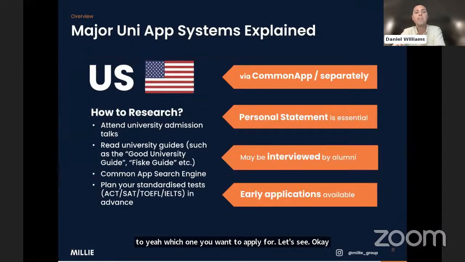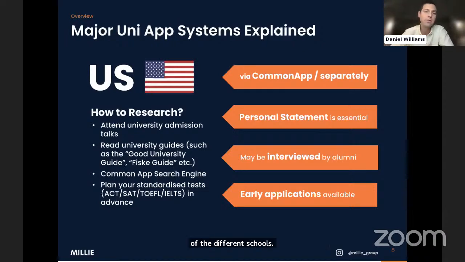Now let's talk about the most complicated university application system. This would be the US application. So like the UK, there is a central portal known as the Common App, which you would use to apply to all of the different schools, with the exception of a few schools. So for example, Georgetown University doesn't use the Common App.